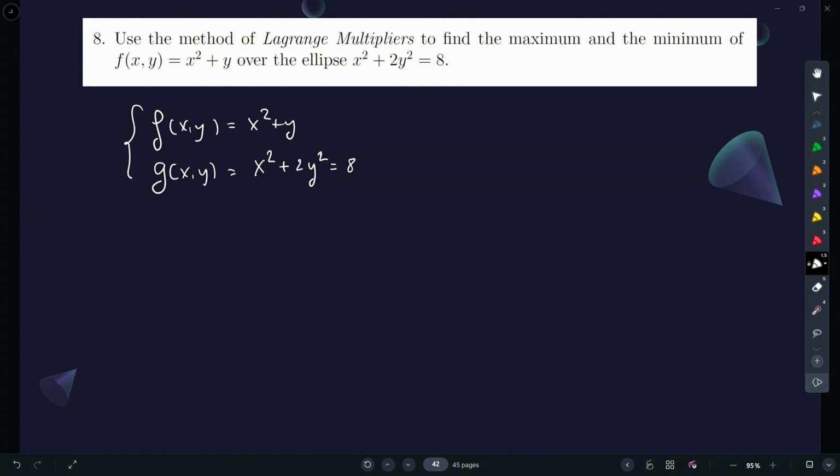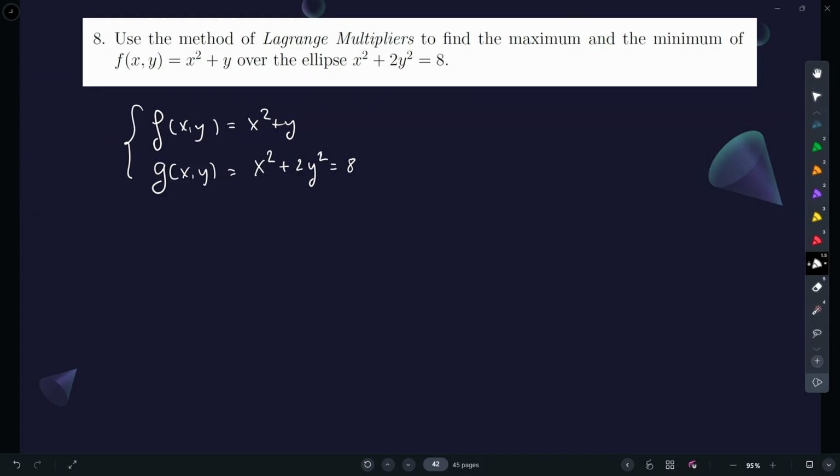So I want to maximize f on the curve that is given by g. The method of Lagrange multipliers tells me that the max and the min will happen where the vectors, which are the gradients, are actually parallel.